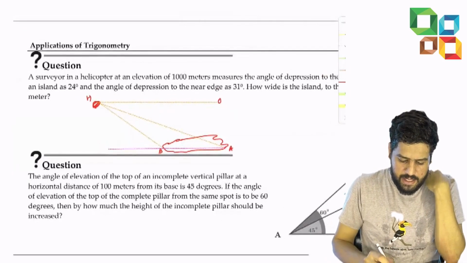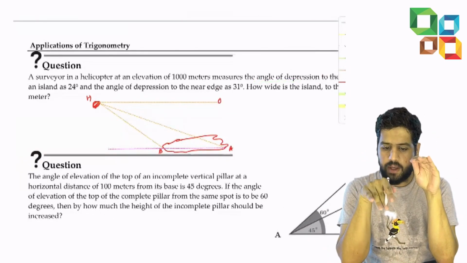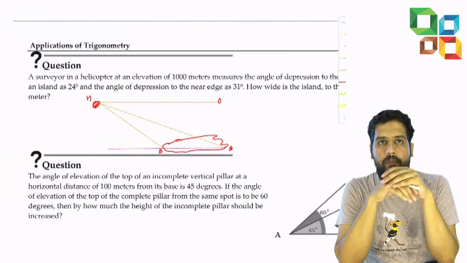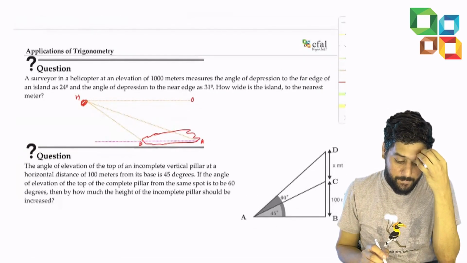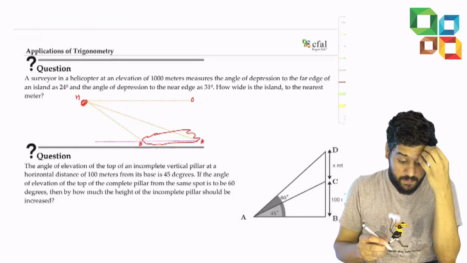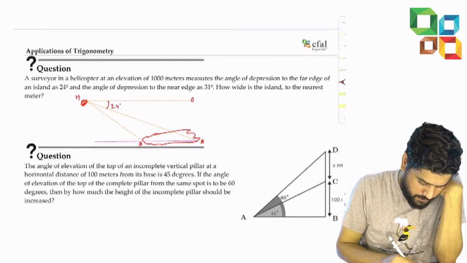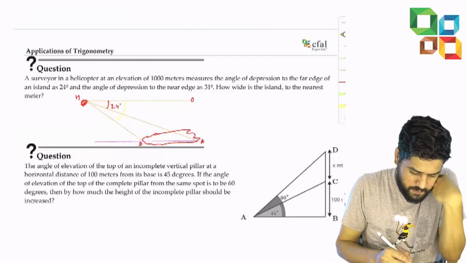What is given here? It's the angle of depression, right? So you are at a height, you are looking down, right? And then OHA will be 24 degree and OHB will be 31 degree.